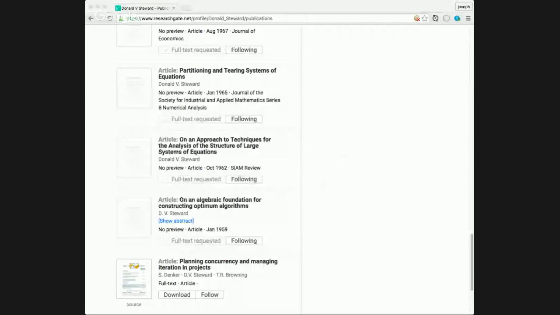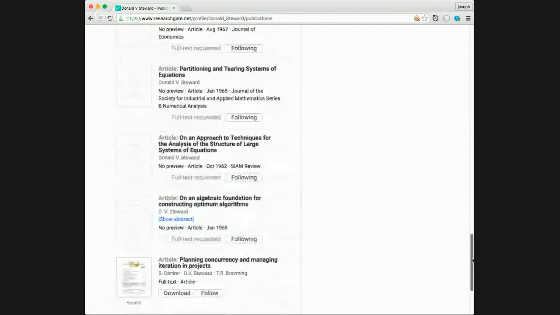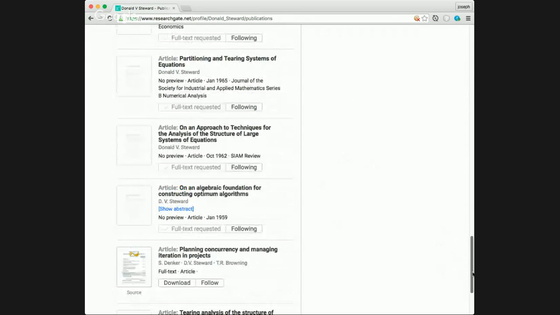And this is the list of Donald Stewart's papers on ResearchGate. Go back to 1959. This article here on the algebraic foundations for constructing optimum algorithms. So Stewart was interested in optimizing computer time, hardware time, resources in solving systems of equations.